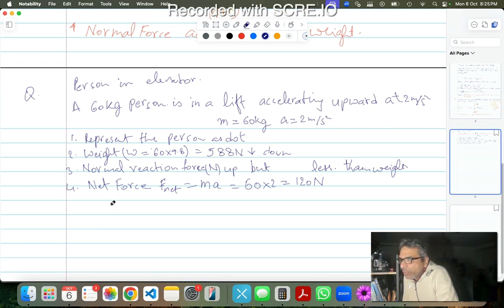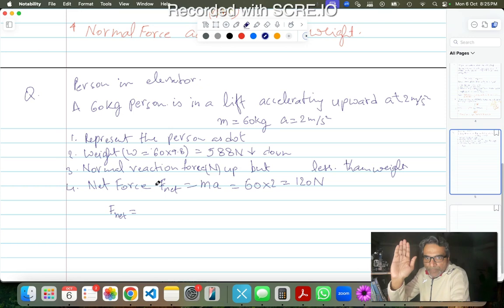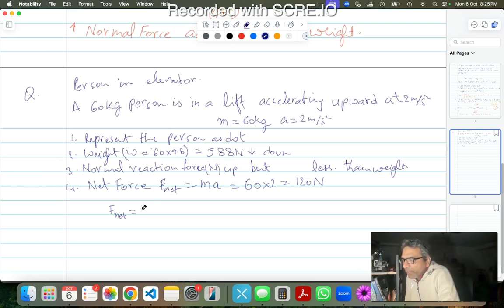Yeah. So we know in the system, F net will be, because it's now moving upward, right? So it will be like the weight plus the normal. That's what I'm saying, right? So now we know the weight, we know the net. We just want to know what will be the normal because we don't know at this moment. Okay.